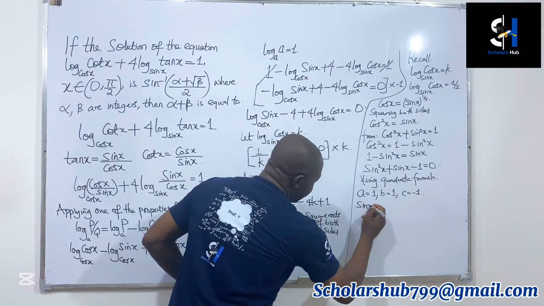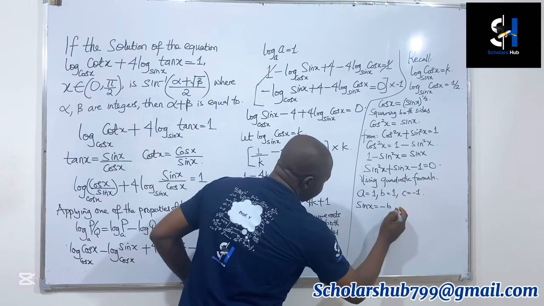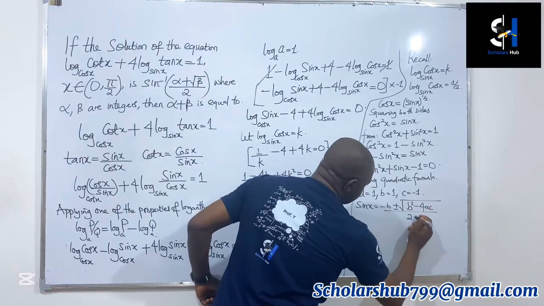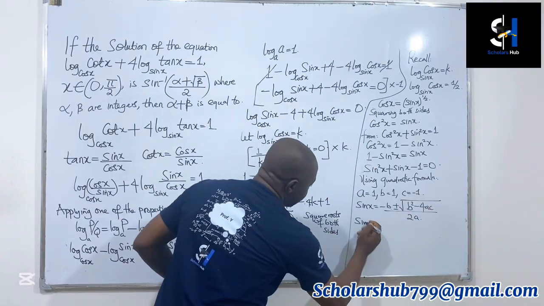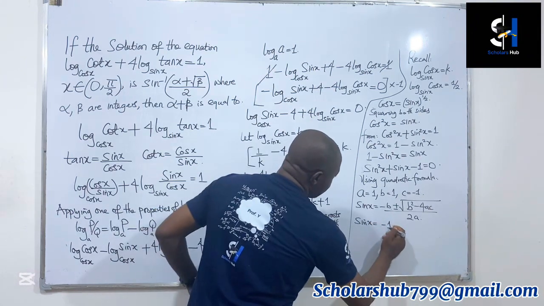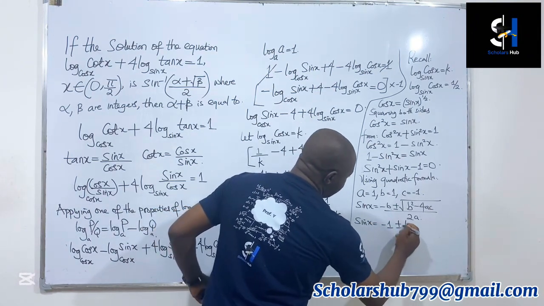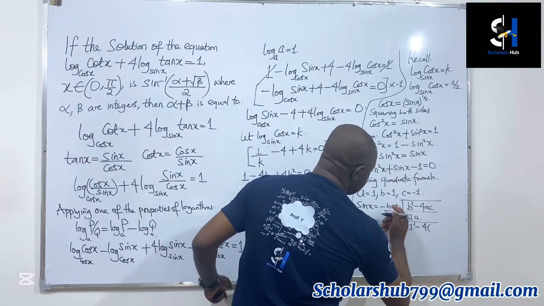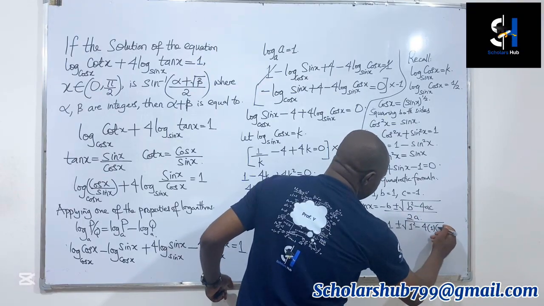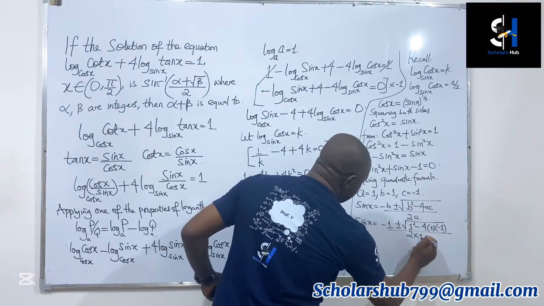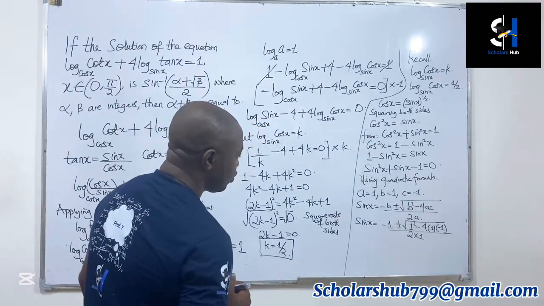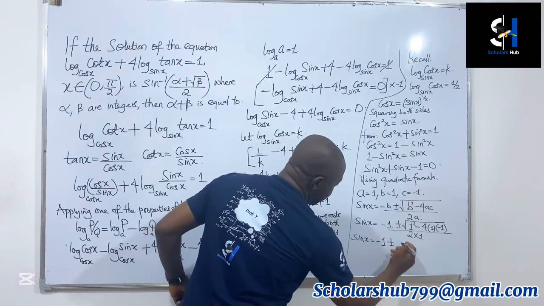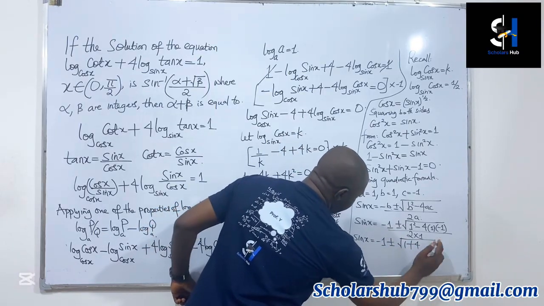Sine x equals negative b plus or minus the square root of b squared minus 4ac, divided by 2a. So sine x equals minus 1 plus or minus the square root of 1 squared minus 4 times 1 times minus 1, divided by 2 times 1, so this will be minus 1 plus or minus the square root of 1 plus 4, divided by 2.